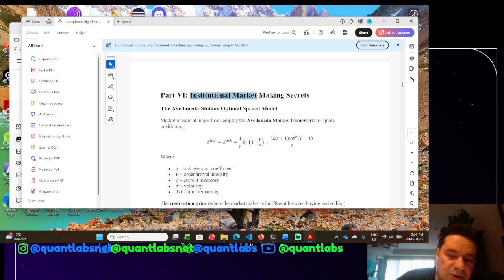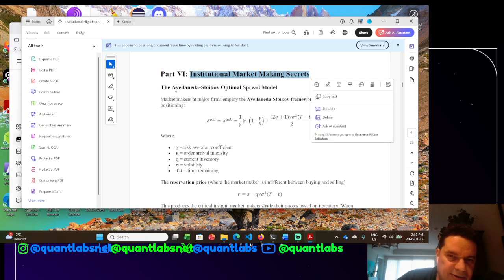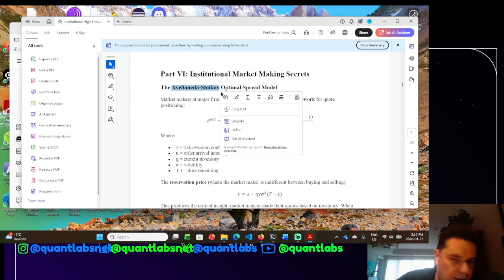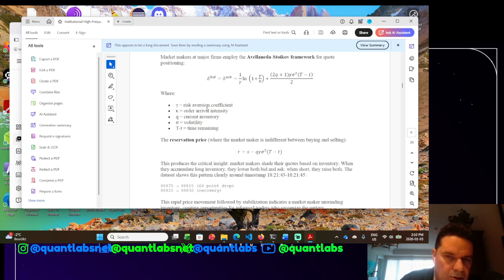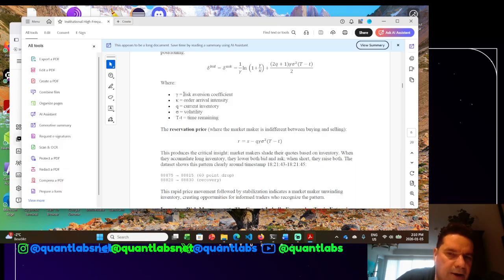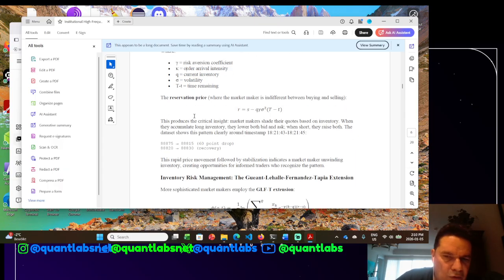So here we got institutional market making secrets. Okay, this one's probably going to start getting out there as an example, but there's many different optimal ways to do it. And again, it's including your time series. Here you got your risk aversion, order arrival intensity, and so on and so forth.